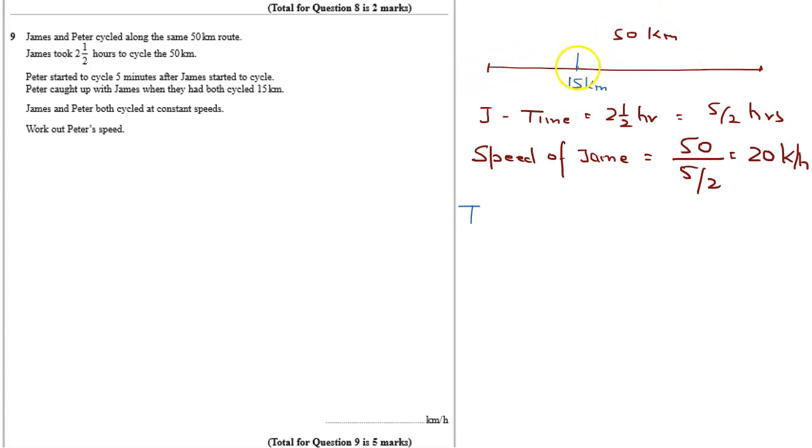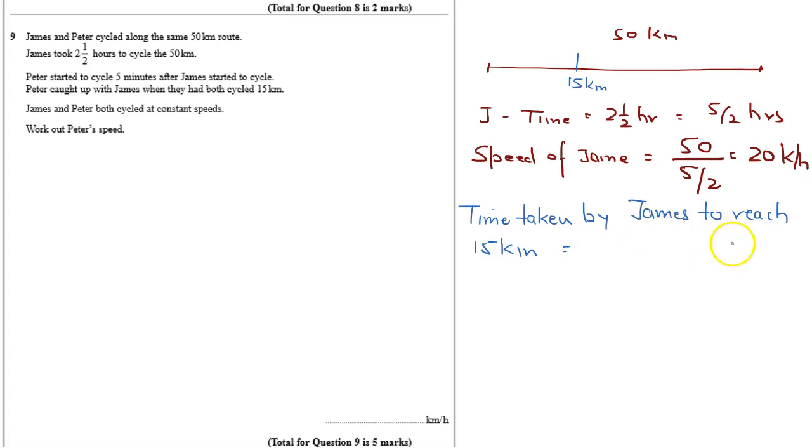Suppose it is 20 minutes. So he started after 5 minutes, so he cycled only for 15 minutes. So time taken by James to reach 15 kilometers. His speed is 20 kilometer per hour.